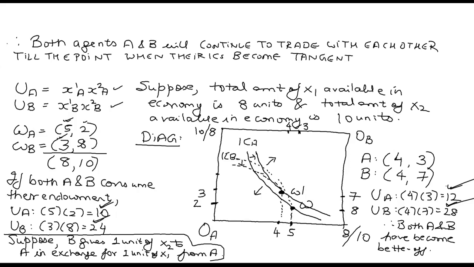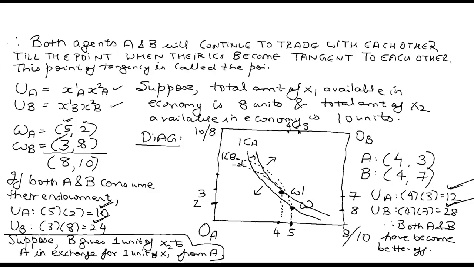They will continue to trade with each other till the point when both their ICs become tangent to each other. This point of tangency is called the point of Pareto efficiency.